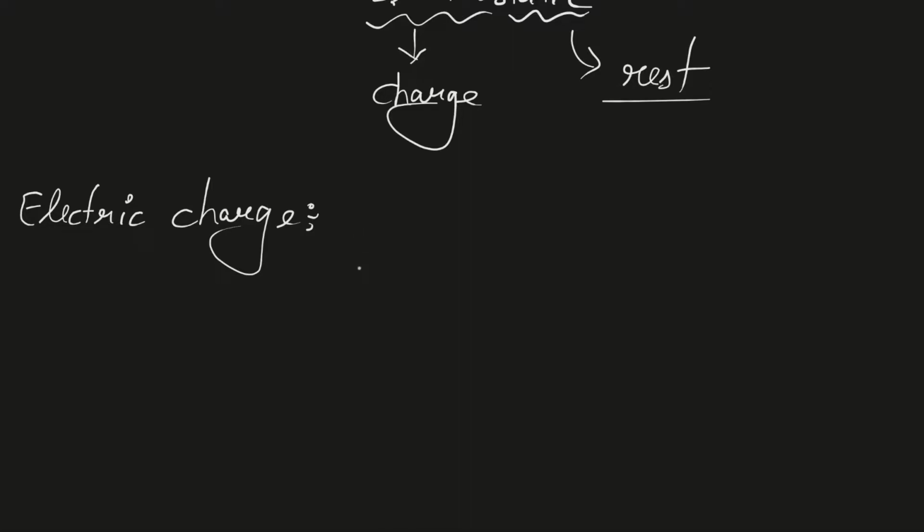When we place an electric charge in the electric field, it experiences a force. That force is known as the electric force. This is how we identify charge: we simply place it in an electric field, and if it experiences any force, we say that it is electric charge.